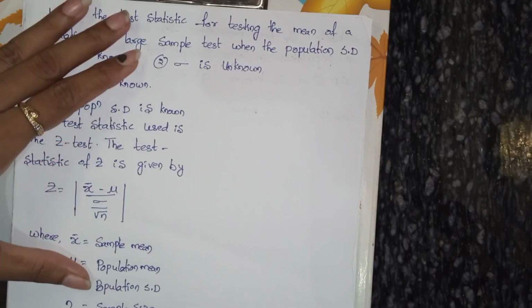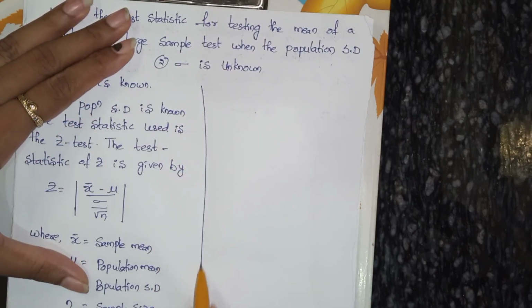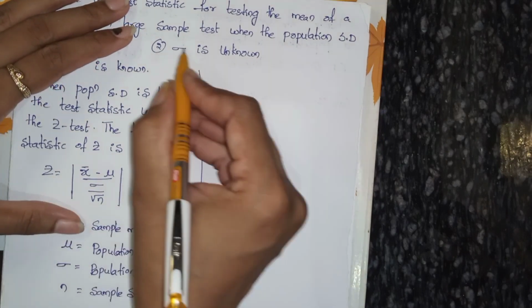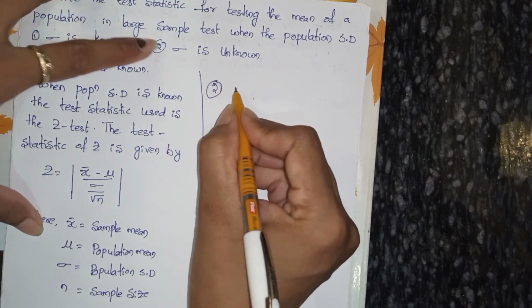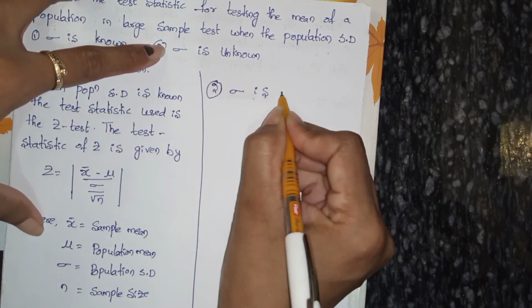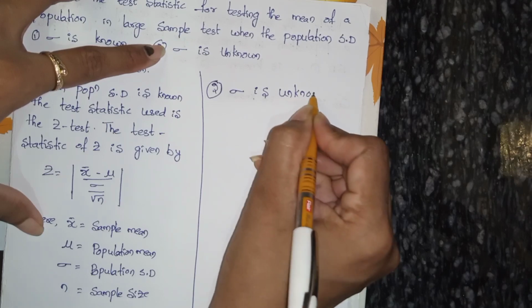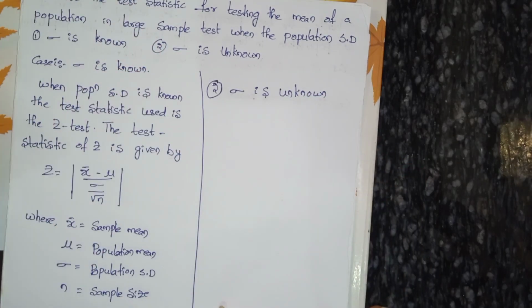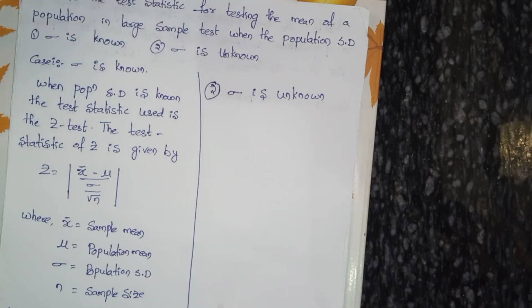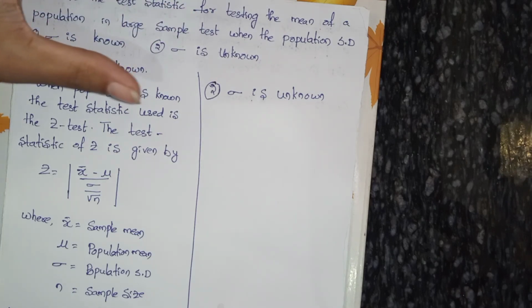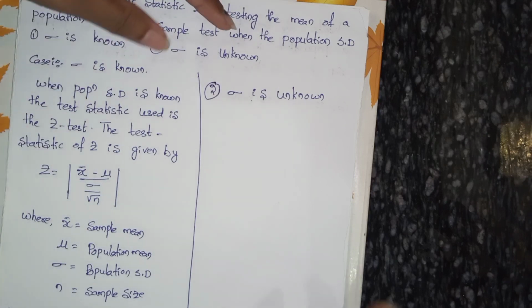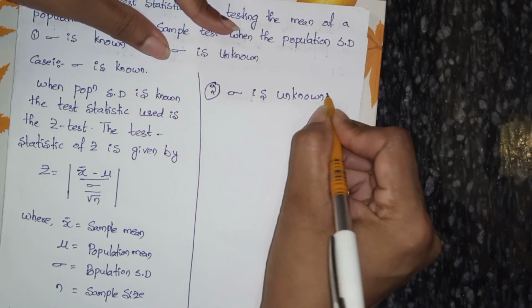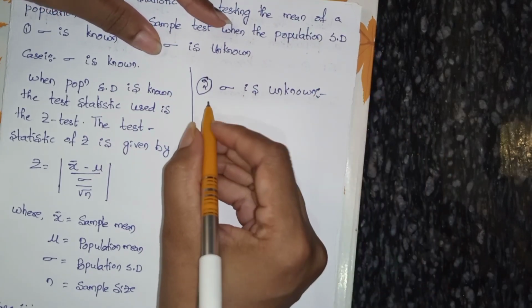Let me tell one more procedure for the second case, when sigma is unknown. Here we can use the t-test also. Why do we have to use the t-test instead of the z-test? I'll tell you at last. Again the same we have to write.